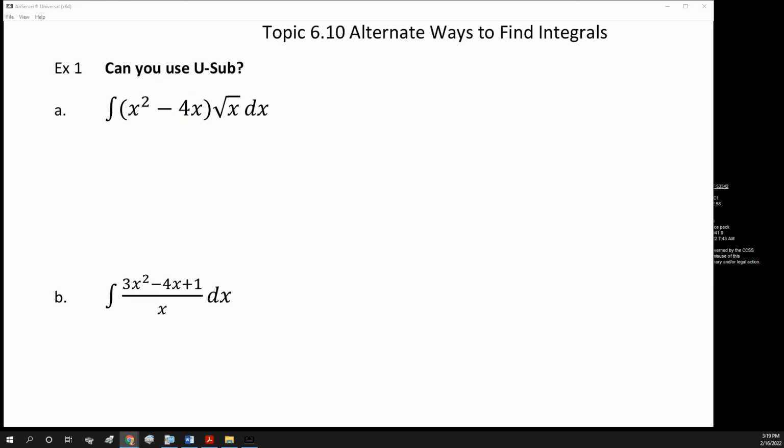And if that was the case, you would need its derivative somewhere in the problem, and you don't have that. And then you might say, okay, x is the inside function, which it never will be because you wouldn't need to do U substitution for x being the inside function. So this one is no. Even if you wanted to, you cannot do U substitution here.